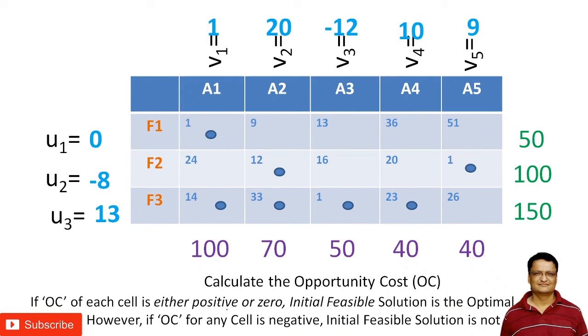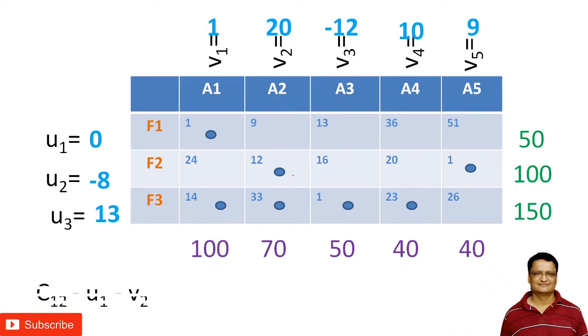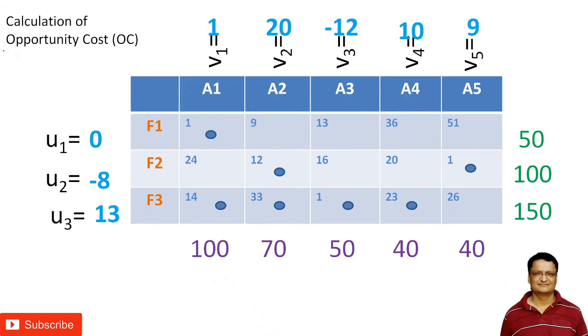If the opportunity cost is positive or 0, the initial feasible solution will be optimum. Otherwise, if it is negative, it is not an optimum solution and we have to make the allocation at that point. So moving toward the next thing, we are ready to calculate the opportunity cost.